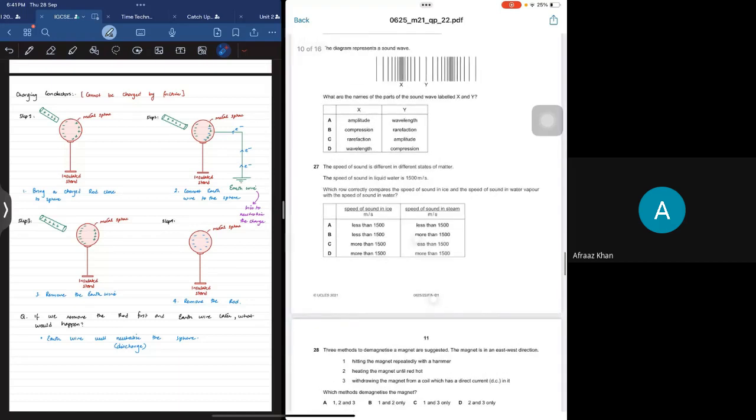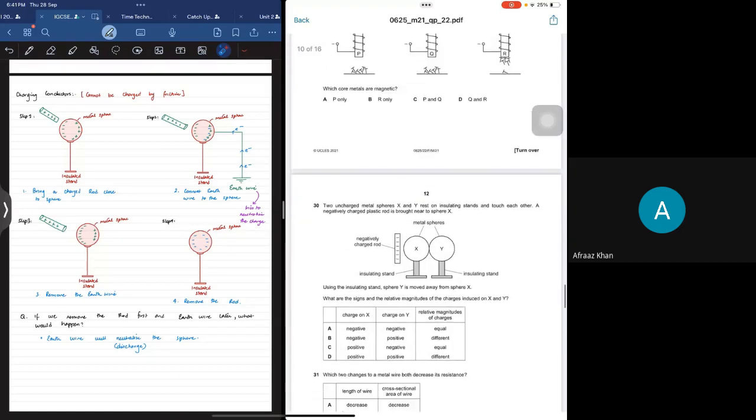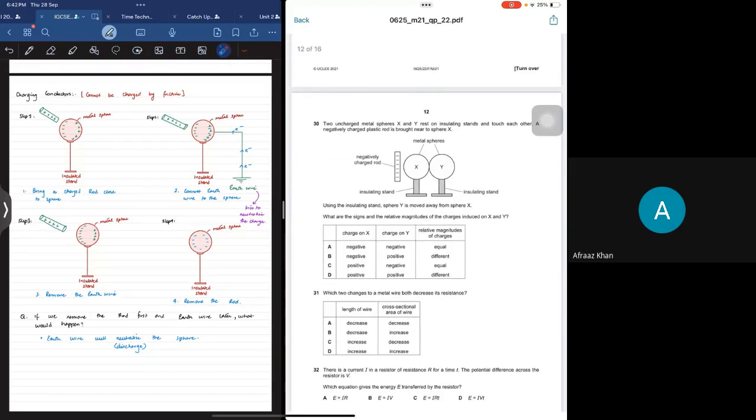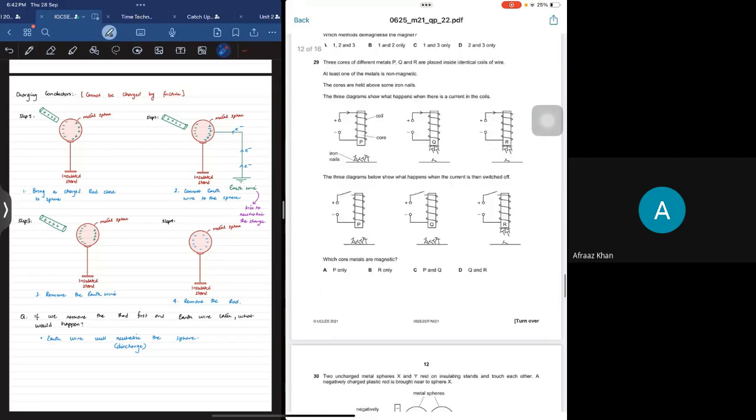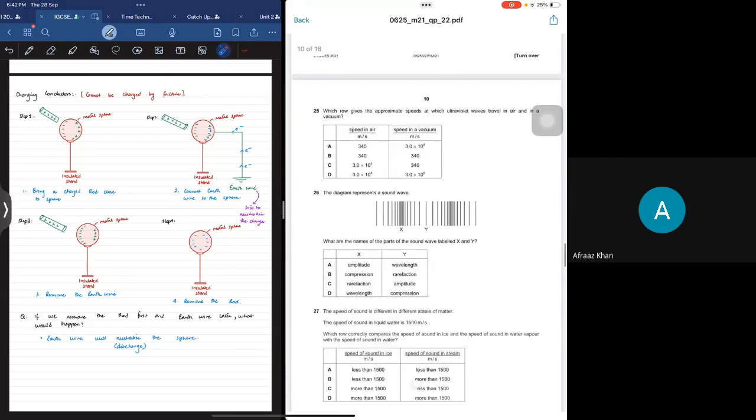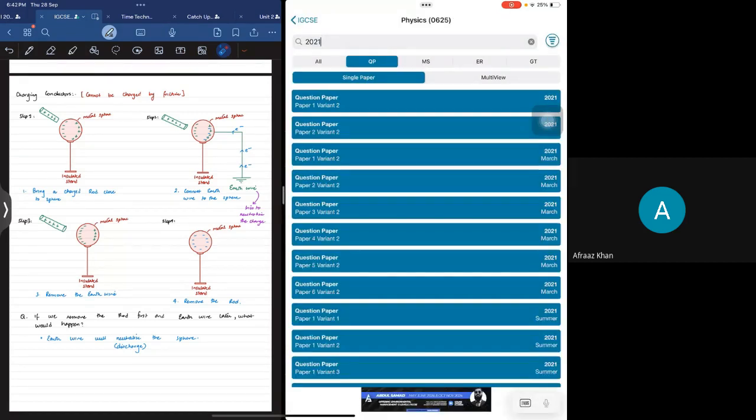Should be here. Why is it not here? That's bad. Oh, no, no, no. It's in 19, not this one. 22.